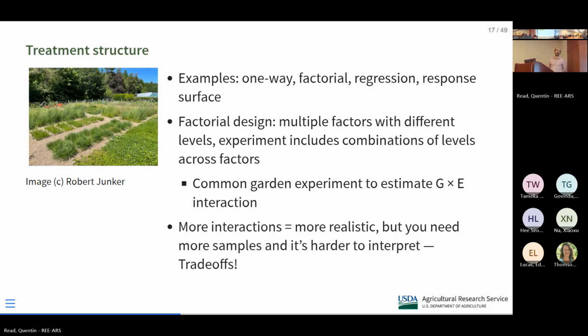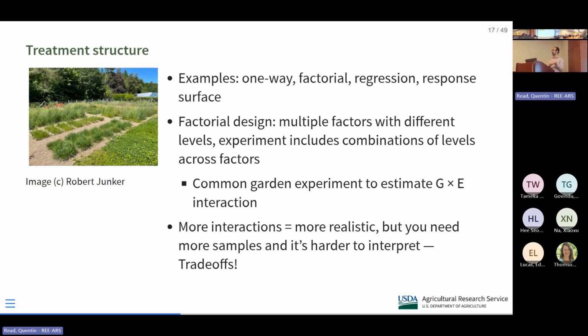Now, the more different factors you want to manipulate in an experiment, the more realistic, right? Because it's not just one factor that changes in the real world, it's many things. So if you have many different interacting factors, you can get closer to realism, but you're going to need tons of combinations, right? If you have 2 factors, each with 2 levels, you'll need 4 combinations.